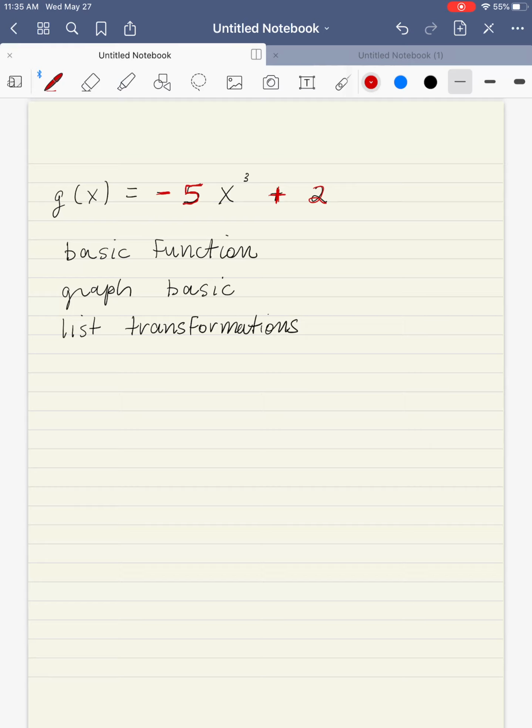All right, so we see that our basic function is y equals x cubed, because that's what we have here. If I graph that basic function, I'm going to draw this fairly large to give myself plenty of room.